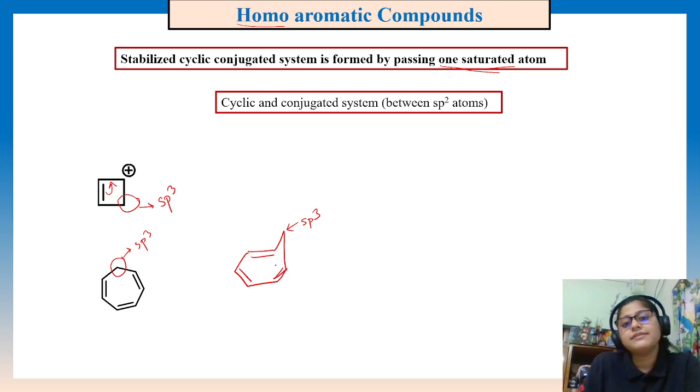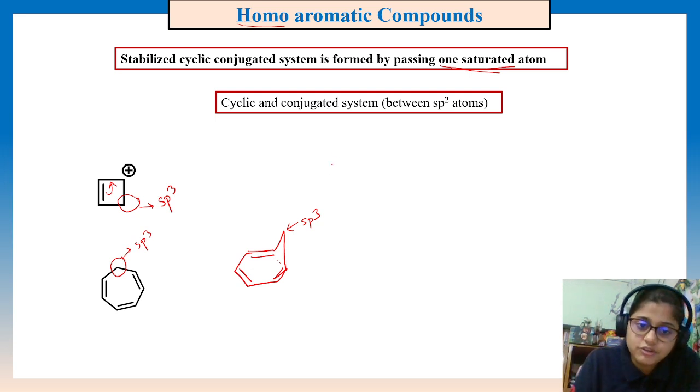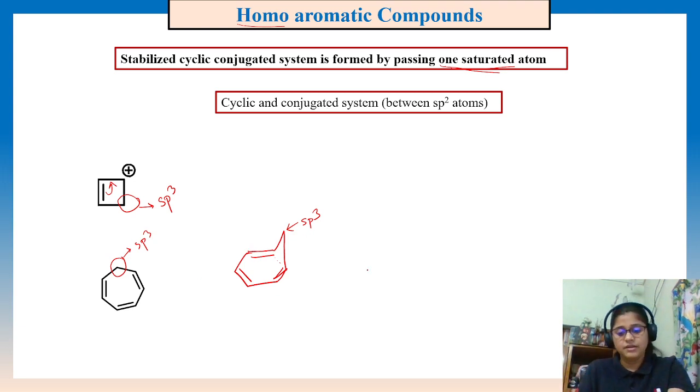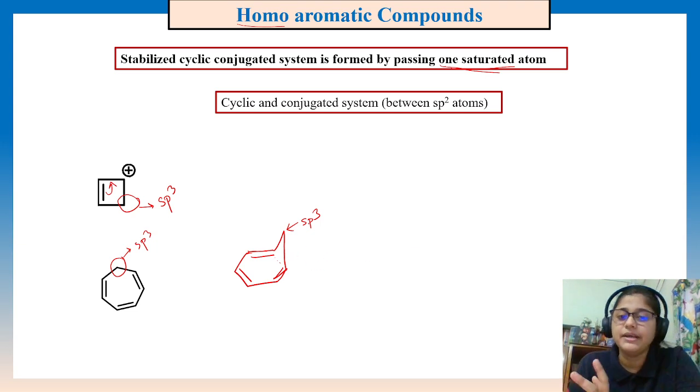They say there is some proof that a little bit of partial conjugation is happening here, as the sp3 carbon is not in the plane, it is upside. So partial conjugation is there. That's how it can be a little stable, not like aromatic systems. It gained a little bit of stability.